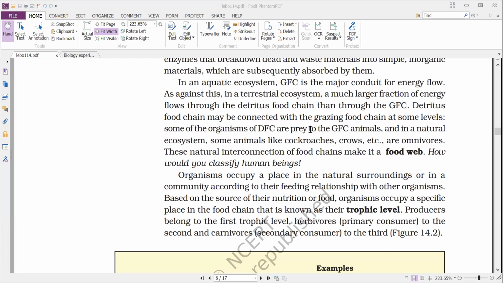For example, if you take the detritus food chain, it means decomposers which are feeding on dead and decaying organic matter. On this dead and decaying organic matter, the earthworms are also feeding.